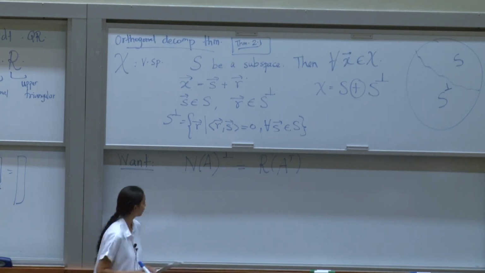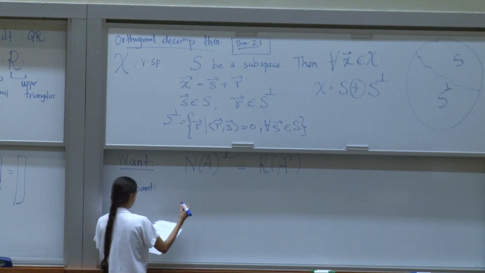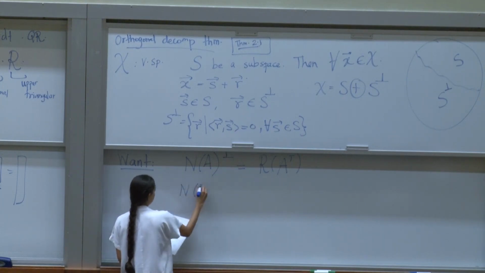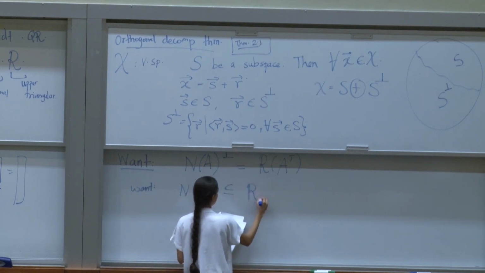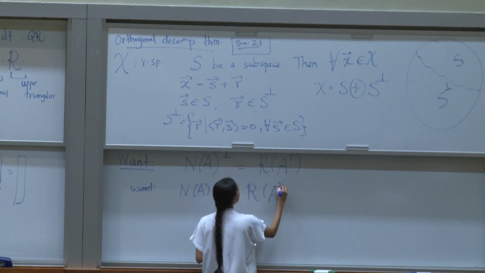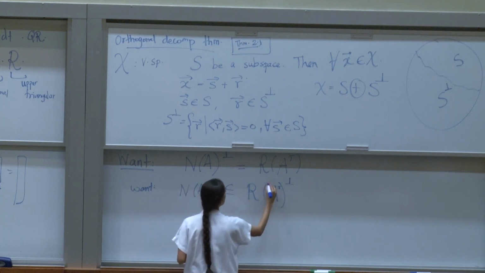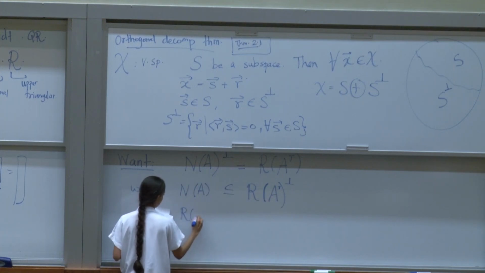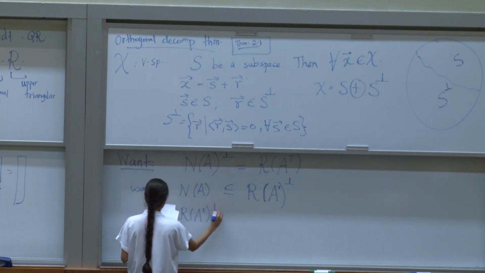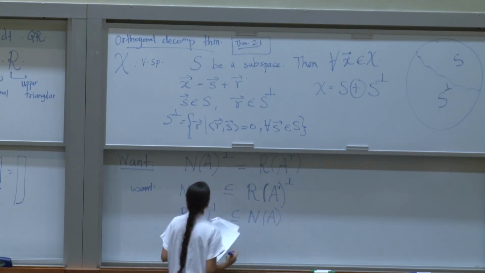So we basically have to show that the null space of A is a subset of the range space of A transpose perpendicular, and the range space of A transpose perpendicular is a subset of null space of A.